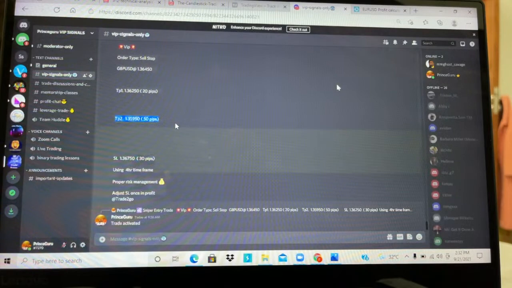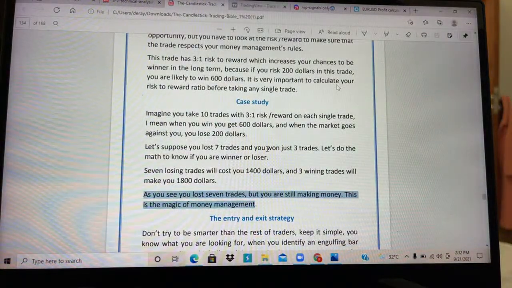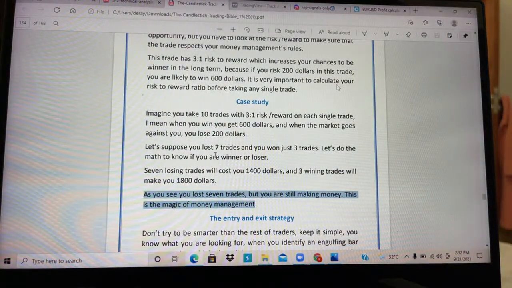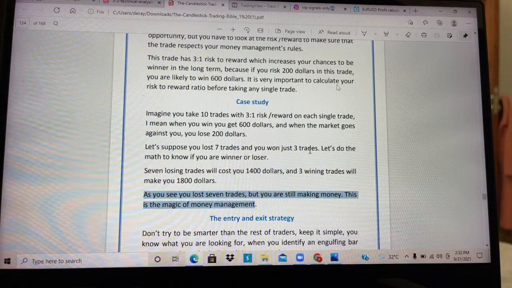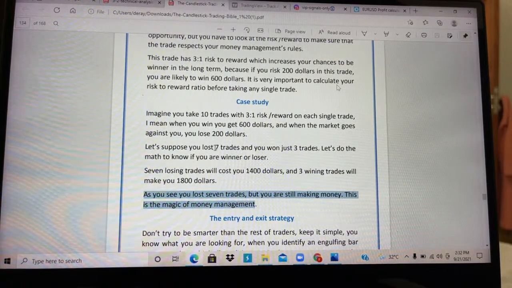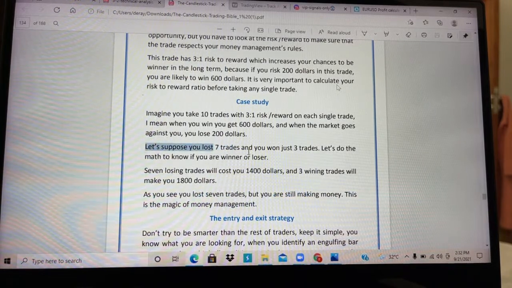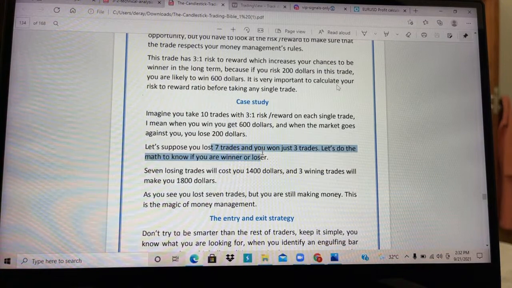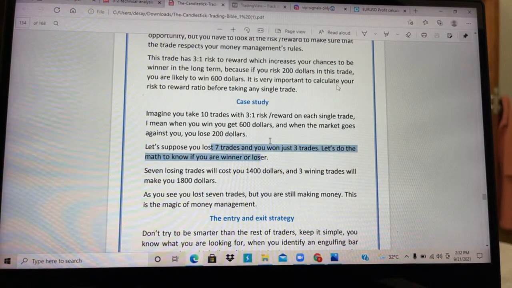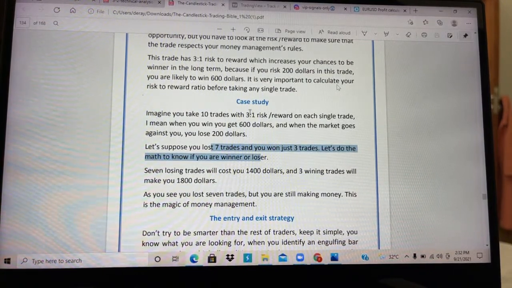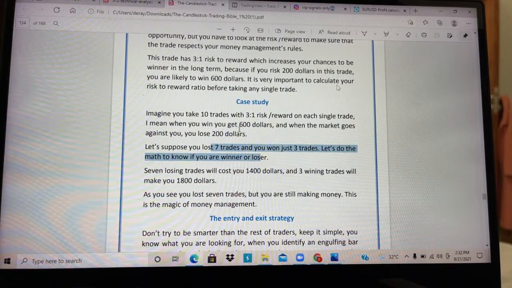It depends on how many trades you take, and how much you won versus how much you lost.